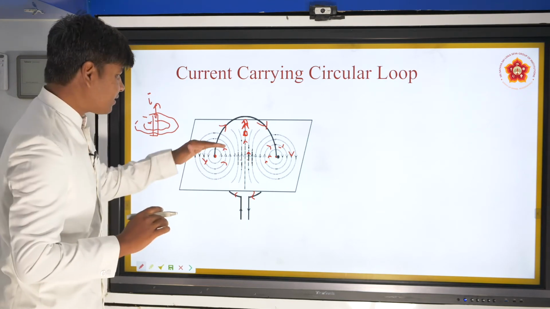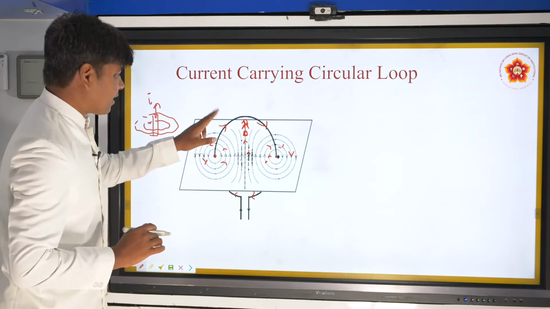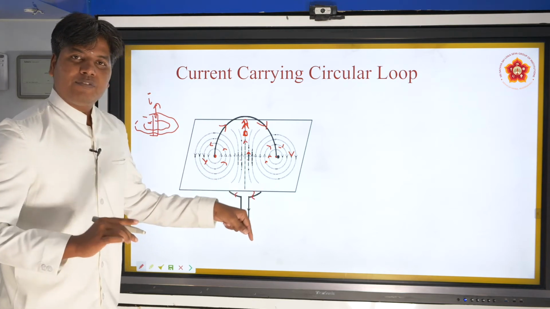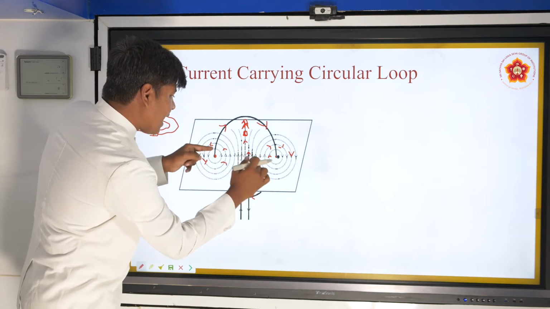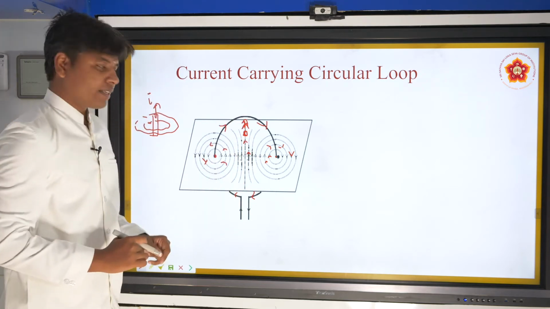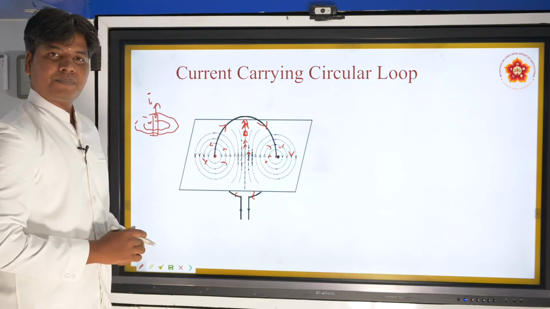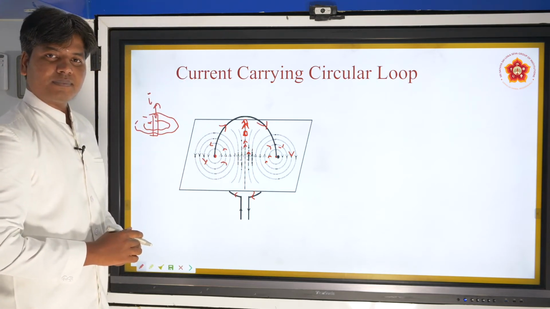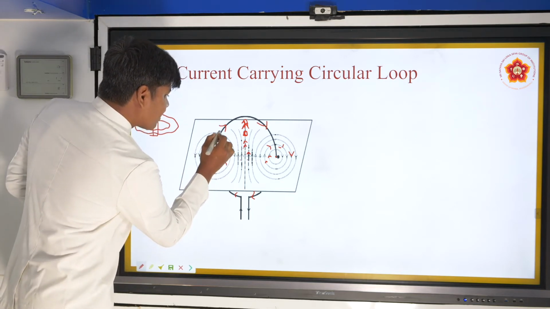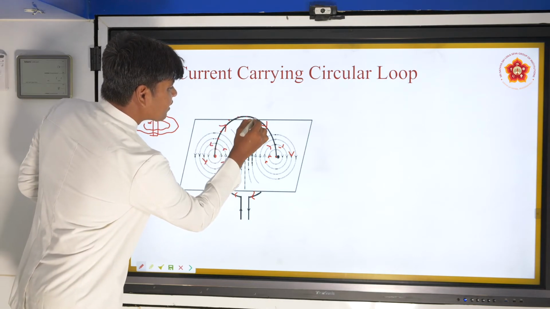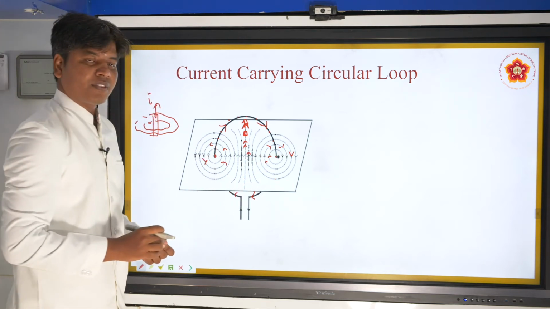Do you see this wonderful phenomenon? Here you have an upgoing current, here you have a downgoing current. When you see the field lines inside this coil, those two are adding up in the same direction. Likewise, we only took two elements of this coil.